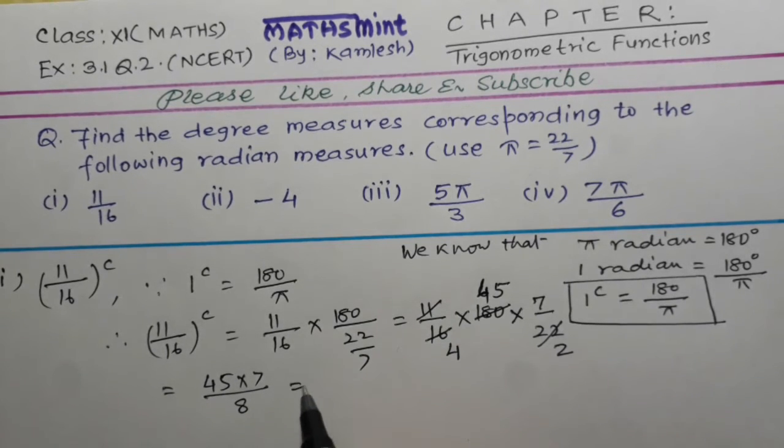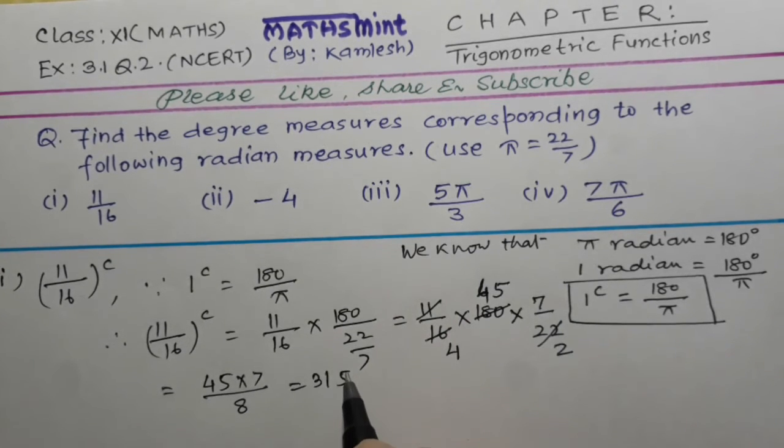7 fives are 35, 7 into 4 is 28, so it will be 315 degree by 8.